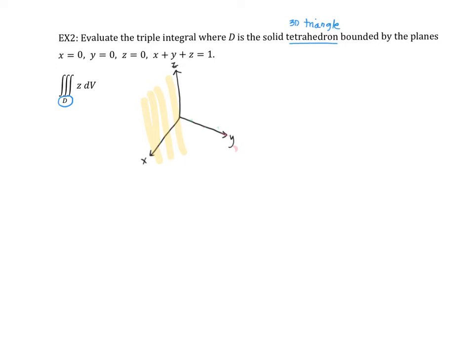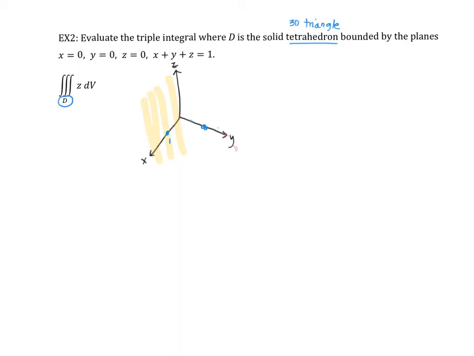So when we look at the plane x plus y plus z, I need to sketch that. Remember, the strategy of sketching a plane is, first of all, I want to find the x-intercept. So I set y and z equal to 0, and I have x is equal to 1. So I'll pretend like this is 1. Then the y-intercept would be putting in 0 for x and z, and I have y is equal to 1.